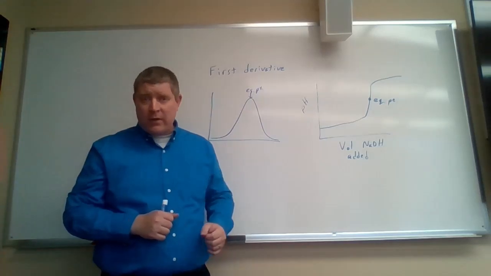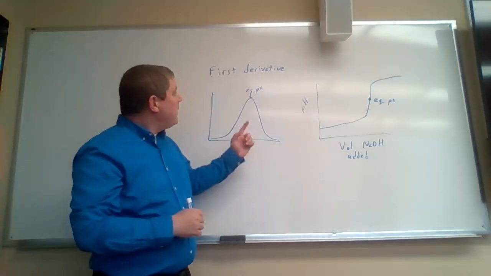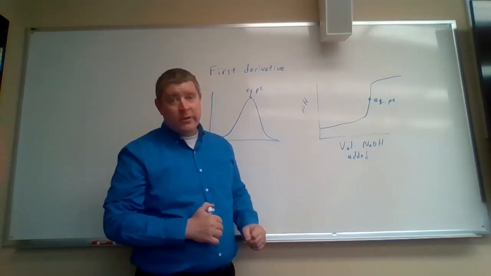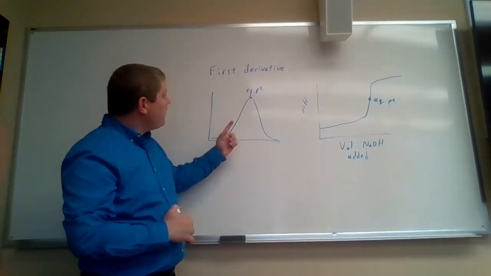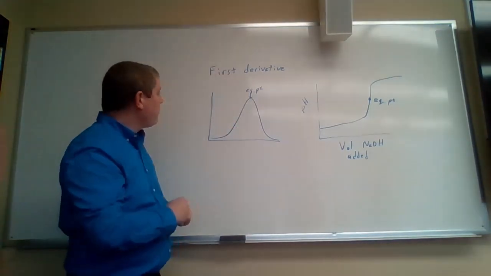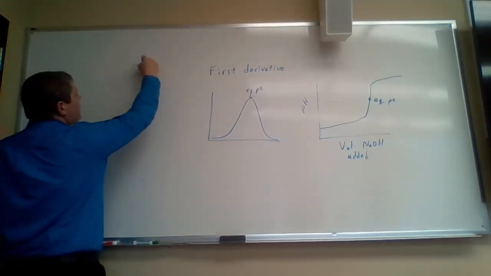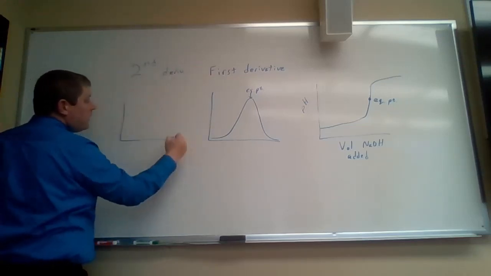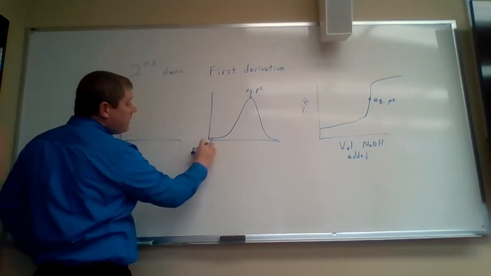And so if we have some noise, then it may not just be as simple as saying the maximum point. So let's take the second derivative of the pH versus volume curve, which is just the first derivative of the first derivative curve. So we're looking now at the slope of this curve. So the second derivative is going to be the slope of that one. It's initially going to start out at 0.